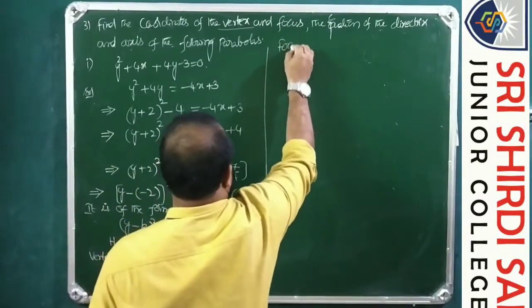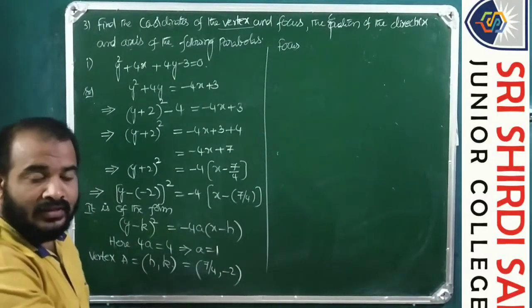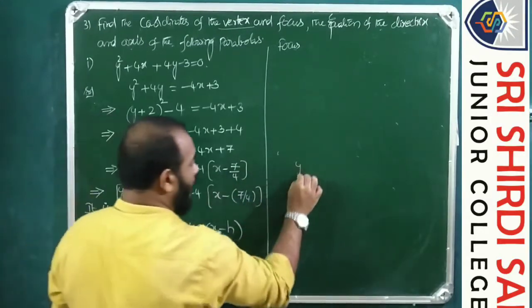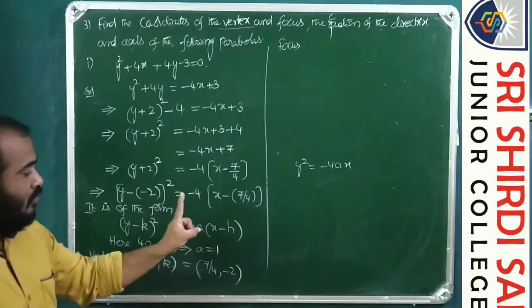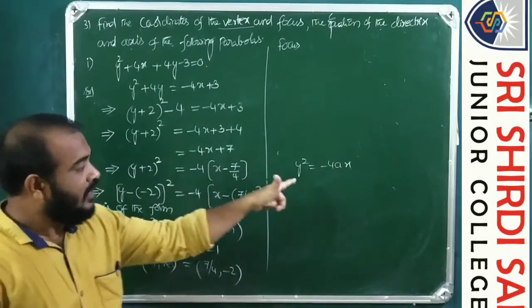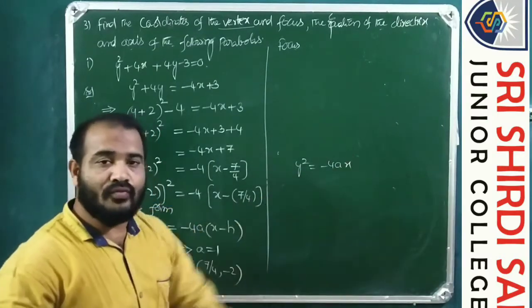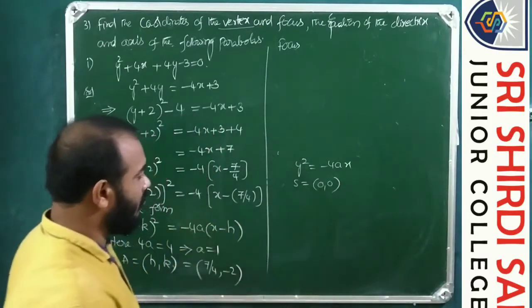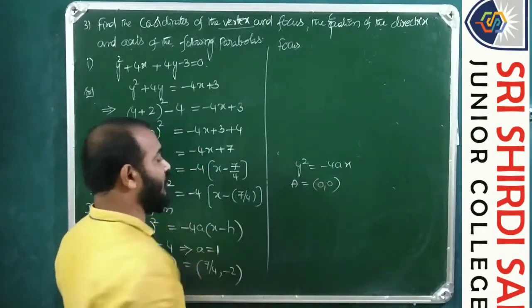Focus. For this, it can always be compared with the standard or simplest form of the parabola. What is the simplest form? y square equals minus 4ax. This, (y minus k) whole square equals minus 4a into (x minus h), can be compared with the standard form of the parabola whose vertex is at the origin, y square equals minus 4ax, where the vertex A is 0, 0.